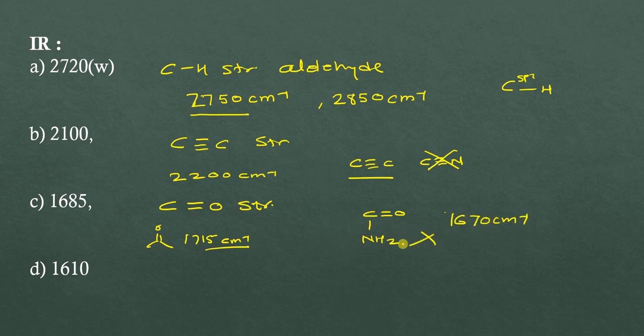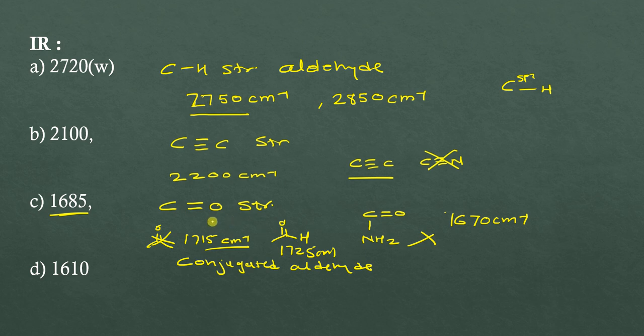There is no amide, so this must be ketone or aldehyde. It must be aldehyde, right? Not ketone. And the aldehyde value is 1725 cm⁻¹, right? So this value is lower in this case, so this must be conjugated aldehyde.